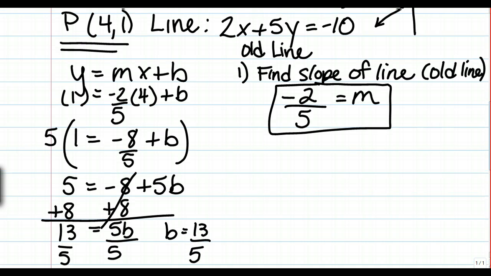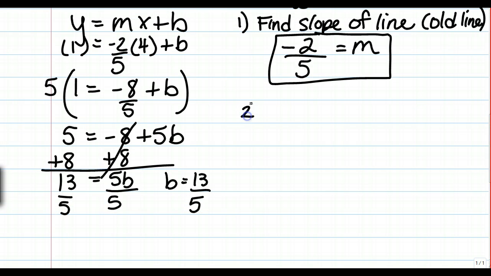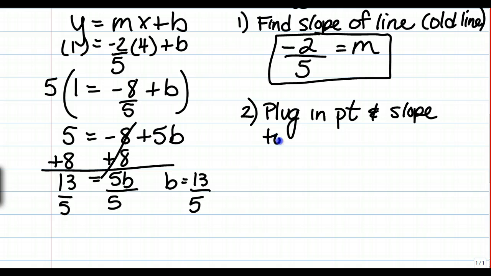So now I can write an equation. So we'll write step 2. What did we just do? We plugged in point and slope to find b of new line.